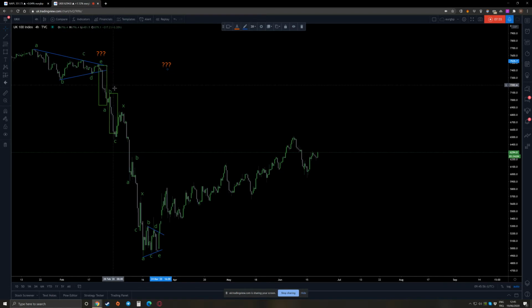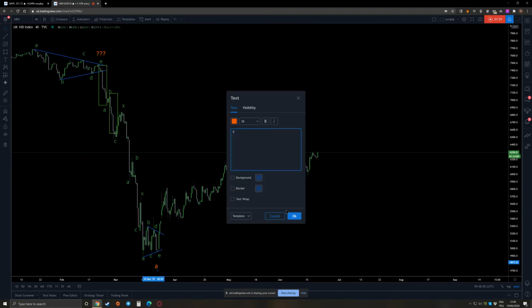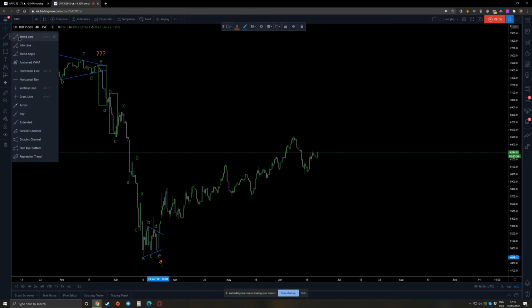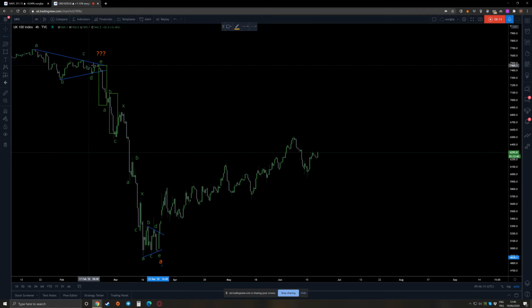Because this is just a move that has started, it's going to be a wave A here on this degree. Now if you have a wave A here, what you need is to go 618. Why? Because if this is the start of a move, the most likely pattern that is going to form here will be a flat.